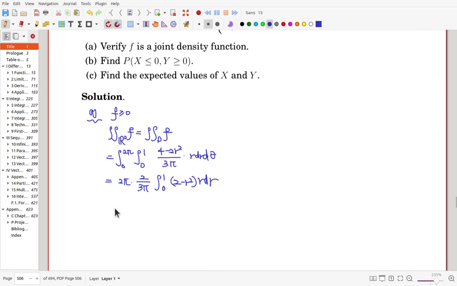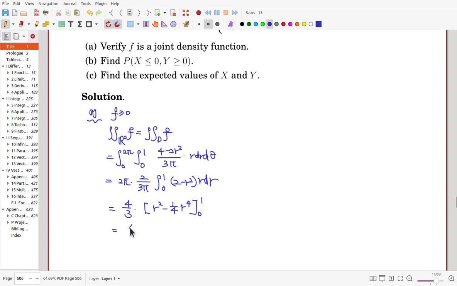Now from this one we have a pi cancelled, and 4 over 3, and then there is 2r, so it's r squared in its antiderivative, then r cubed, 1 over 4 r to the 4, from 0 to 1.